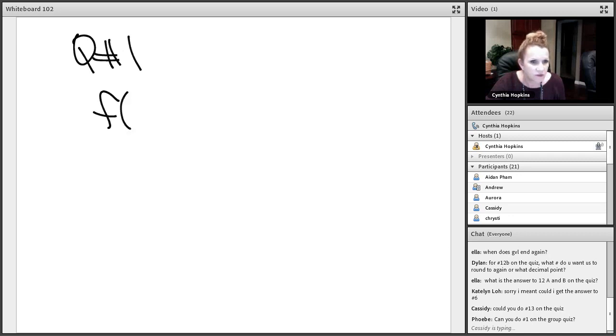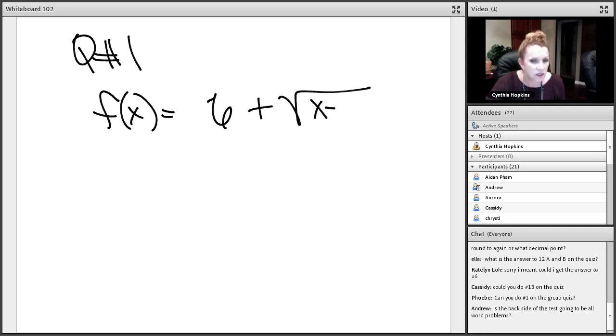Okay, they gave us a function, f of x, and it equals 6 plus the square root of x minus 1. So the first thing they ask for is find the domain of x so that the function is a real number.